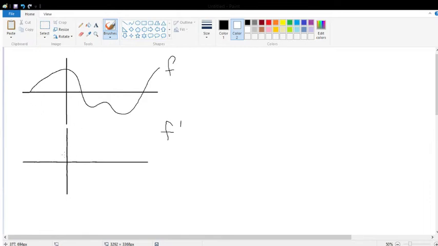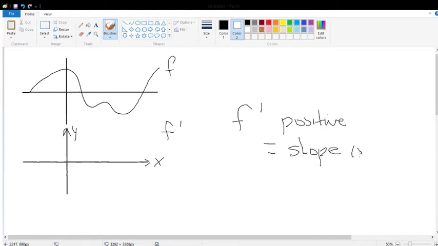So this is your y-axis, your x-axis. Everything above the x-axis, f prime is positive. If f prime is positive, remember what f prime describes? F prime describes slope, so slope is positive.